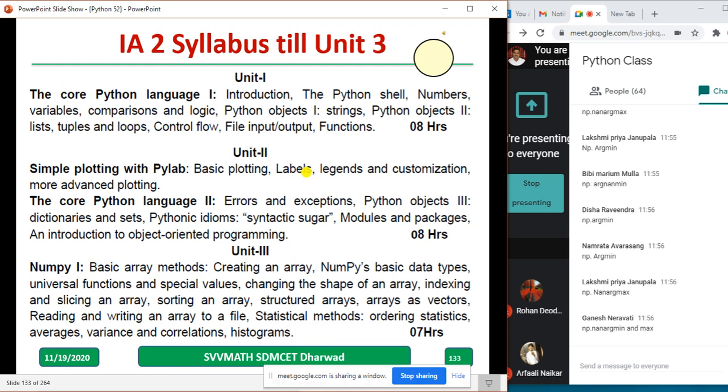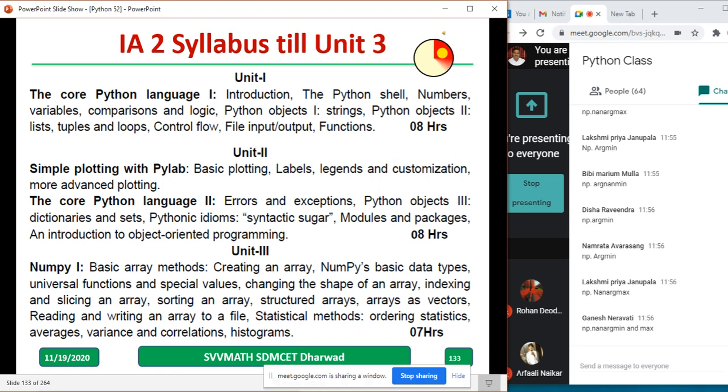I'll wait for a minute or two. You can relax. If you have any doubts you can ask. A program will be there in the IA, and a little theory. But those who are working on the programs will get good marks in the second IA.